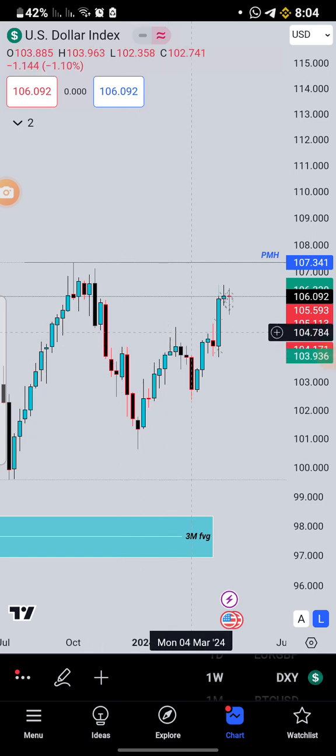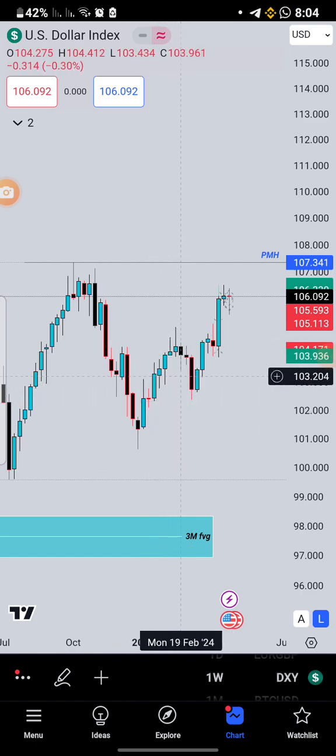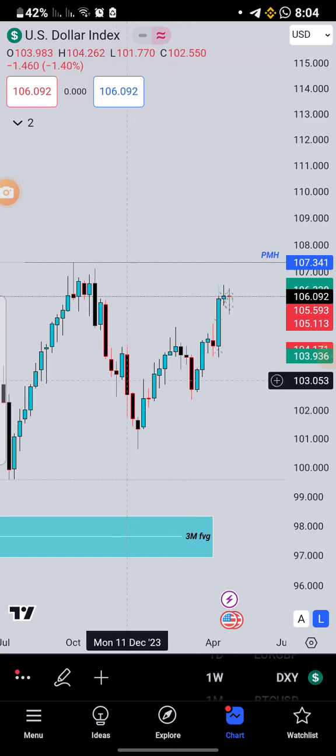Number 3, we want to look for bullish arrays that are being respected. So we had this fair value gap here. The market never dipped into it, but we can see a reaction of this bearish fair value gap, right?